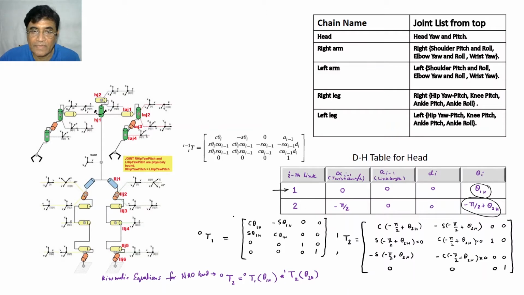It's very simple, okay. So what is the transformation matrix of link 1 with respect to 0? Just read this, put these parameters here, and you get the simple matrix. Then come here to get the transformation matrix of link 2 with respect to 1, and just put all these parameter values in this matrix, and you generate this.